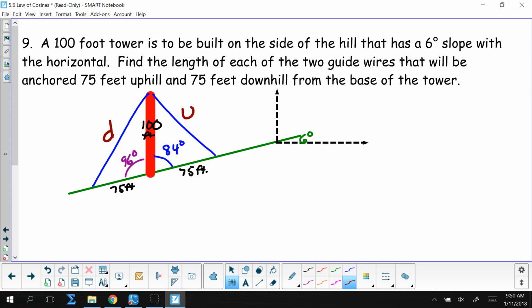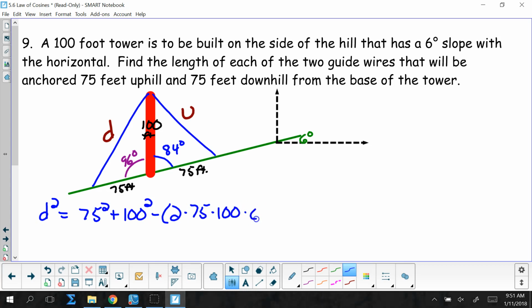So D squared is going to be 75 squared plus 100 squared minus 2 times 75 times 100 times the cosine of 96 degrees.